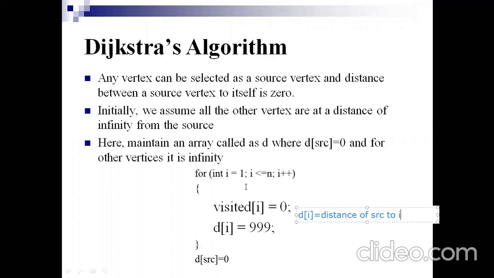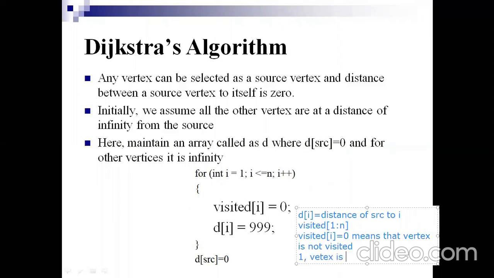Remembering that, we also have one more array called the visited array, again of size n. This visited array is used to maintain which vertices are visited. In this concept, if visited of i is equal to 0, it means that vertex is not visited, and if it is equal to 1, it means that vertex is visited.